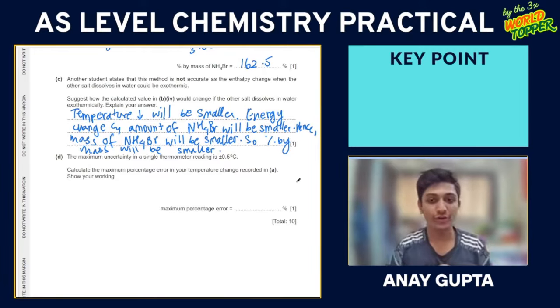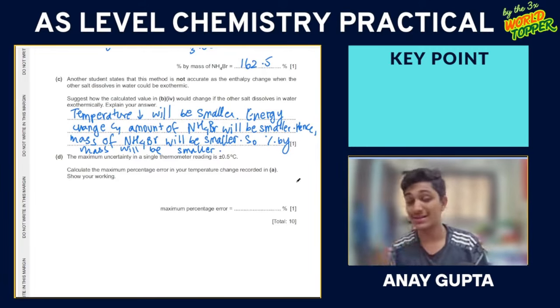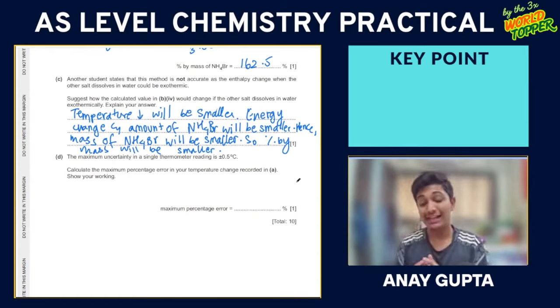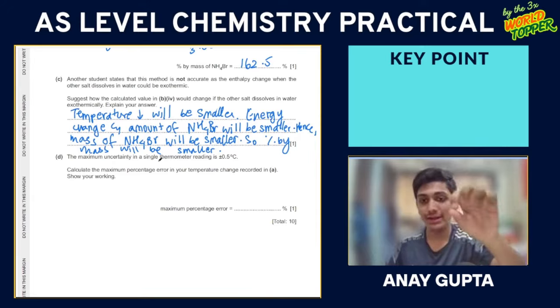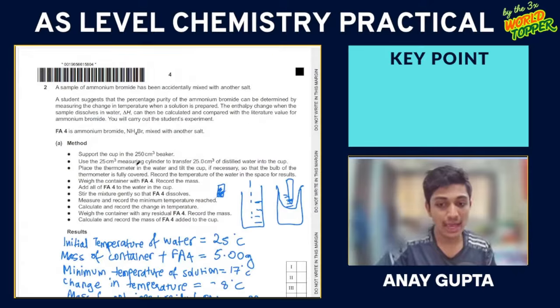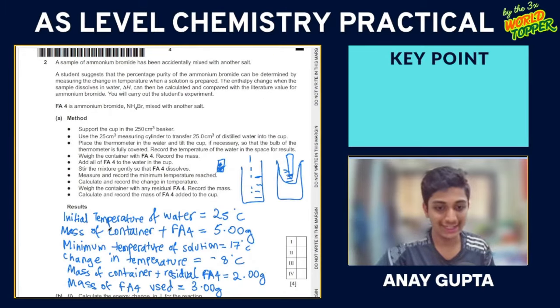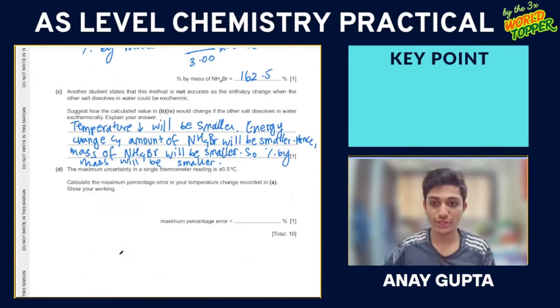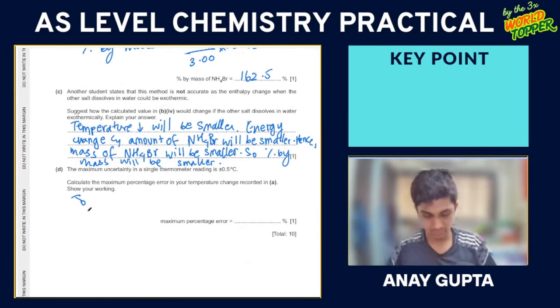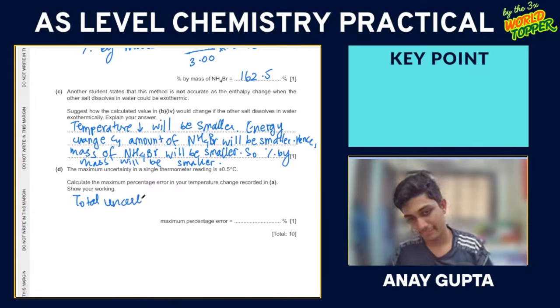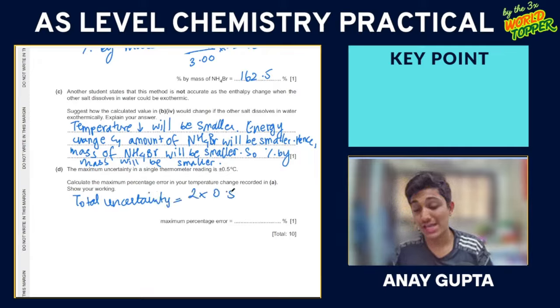The maximum uncertainty in a single thermometer reading is plus minus 0.5 degrees Celsius. Calculate the maximum percentage error in your temperature change recorded in A. Now, a single thermometer reading is 0.5 degrees Celsius. But if you see, we have taken two temperature readings, the initial reading and the minimum reading, right? So the total uncertainty is 2 times 0.5 because I have taken two readings.